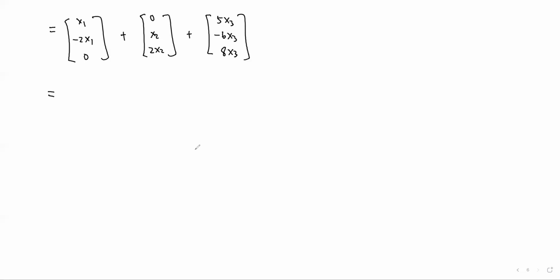A sum of three vectors. Add the corresponding entries. First entry plus first entry plus first entry, then we get x1 plus 5x3. Second entry plus second entry plus second entry, you get -2x1 plus x2 minus 6x3. Then the third entry, 2x2 plus 8x3.